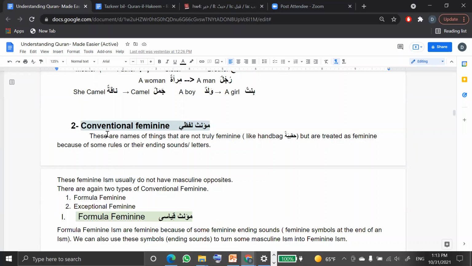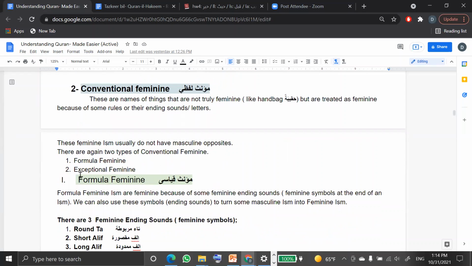So naturally, like if we are talking about window, it is called nafizatun, right? So if I say it's a feminism, obviously it's not natural feminine, right? It's not female, but we consider this ism as feminine because it has some construction, nafizatun.